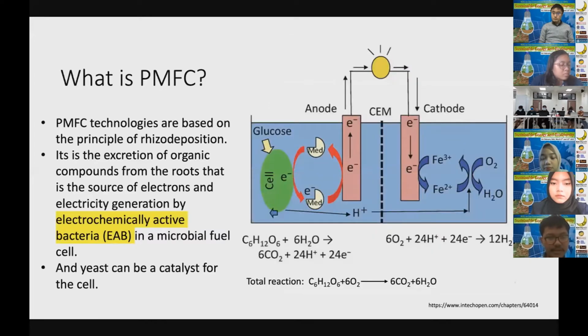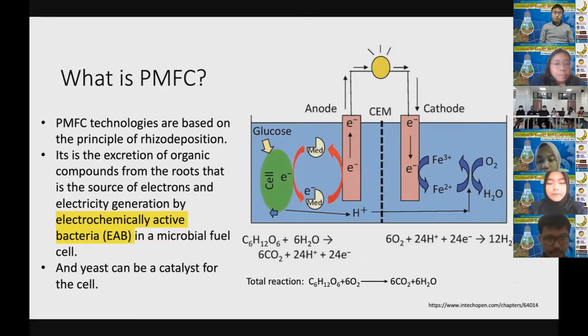The first one is plant microbial fuel cells. The principle is based on electrochemically active bacteria decomposing organic compounds. As we know, through photosynthesis reactions, the plants store glucose around the roots. The EAB, the electrochemically active bacteria in the soil, will decompose the glucose and release electrons to the anode.